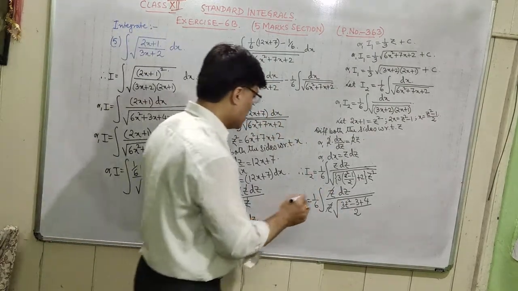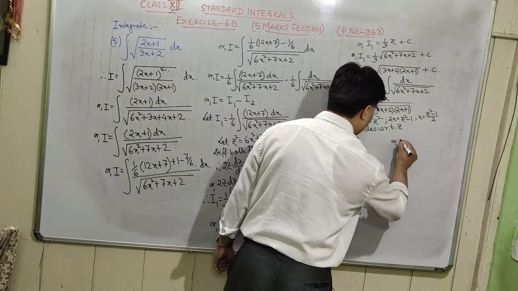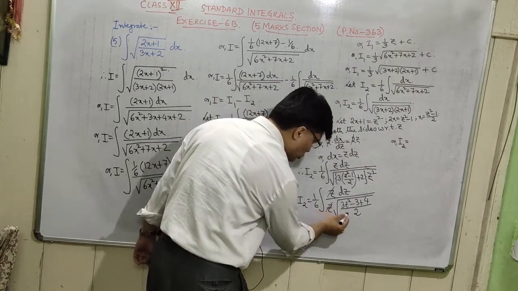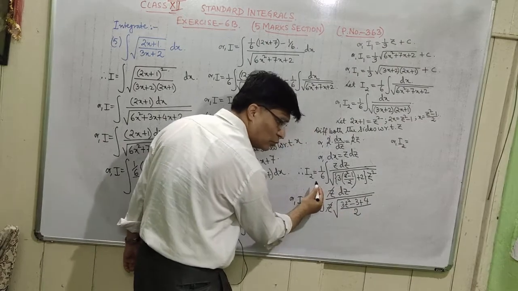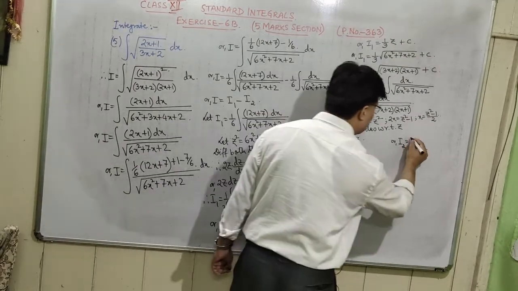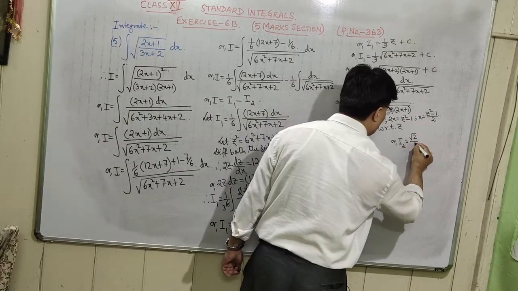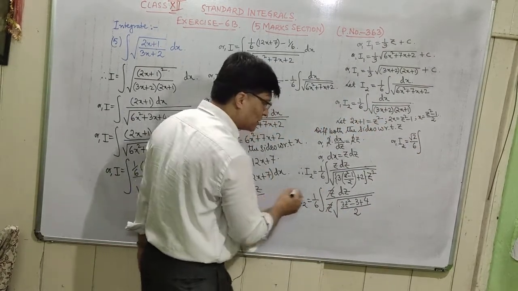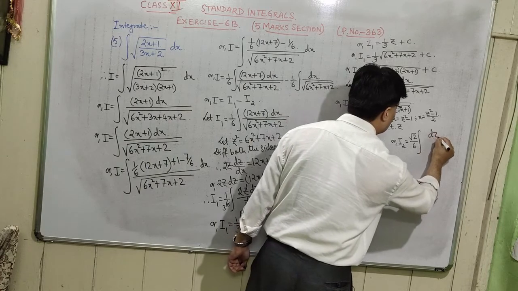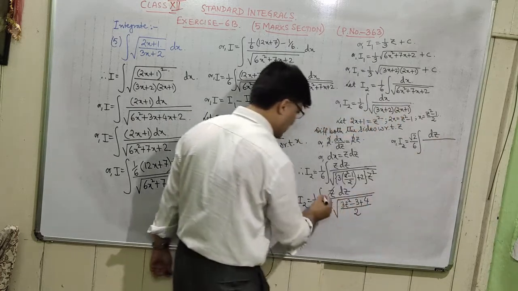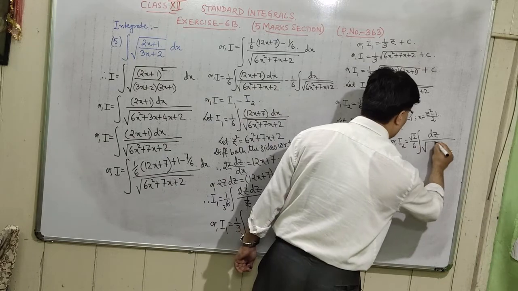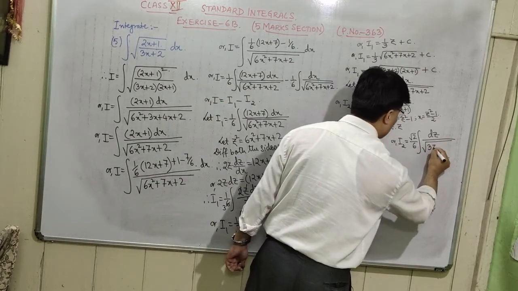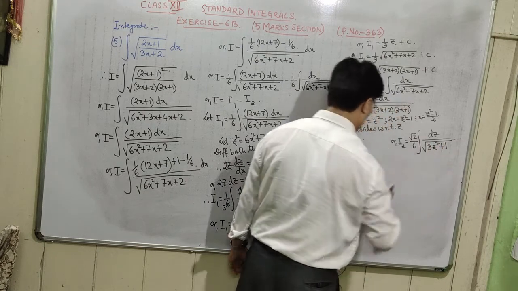Is that clear? So in the next step, I2 is equal to, now there is root 2 in the denominator, it goes up in the numerator, that is root 2 by 6 integration of, here z cancels, so dz divided by within square root, what is here? 3z square plus 1.